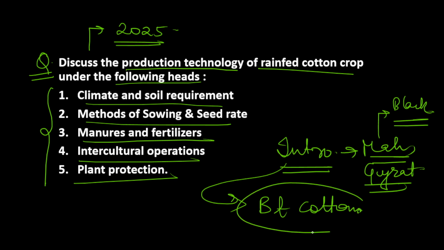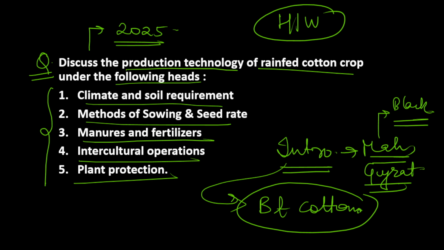There are several things about cotton which you can mention in the introduction part. Anything 1 or 2 lines about cotton crop to introduce your answer would be good enough, and this is your homework also. I have given you a fair bit of idea. Now you have to comment down 1 or 2 lines of introduction on how you can start the answer about cotton crop.